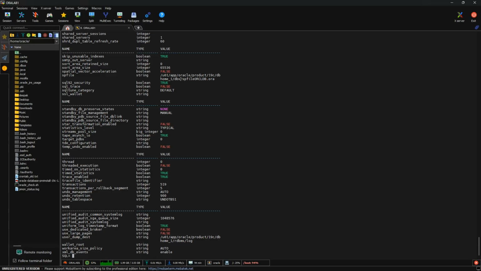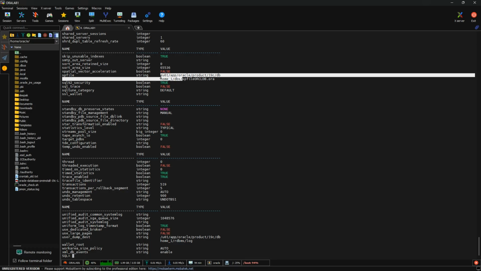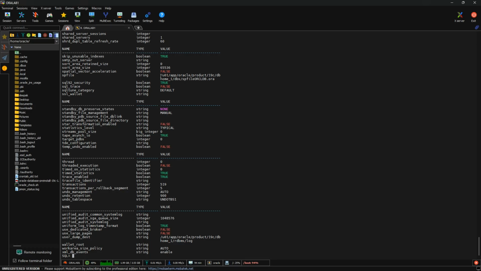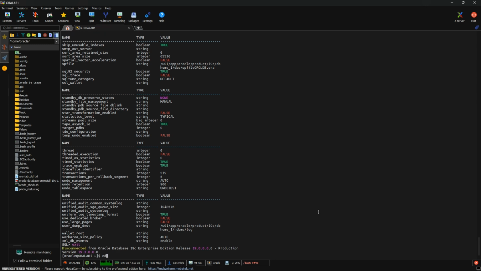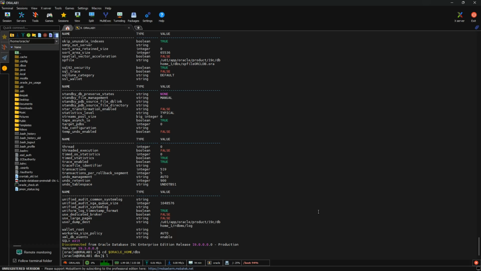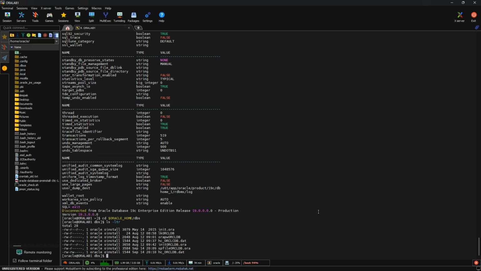Okay, so in this location, dbs: cd $ORACLE_HOME/dbs. Okay, ls -ltr. You can see init.ora. This is the initialization parameter file.